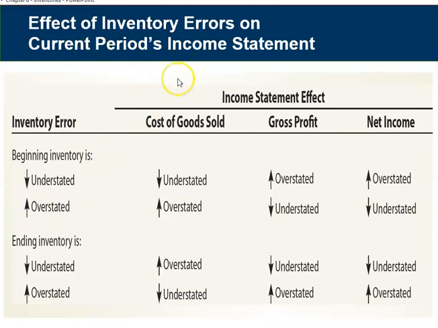All right, so we have a little slide here. This is another very good slide. It's a conceptual slide. You need to understand why this is the way it is. We do have a handout video that is available on this topic, but we need to understand, if beginning inventory is understated, that's going to cause cost of goods sold to be understated, and that's going to cause both gross profit and net income to be overstated.